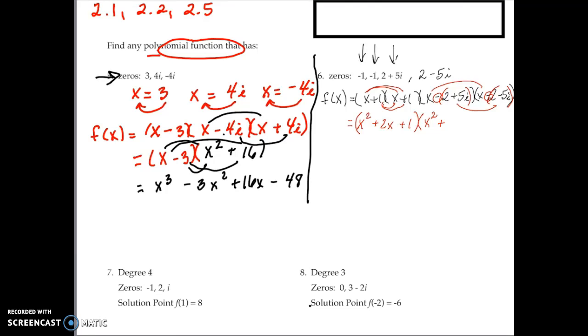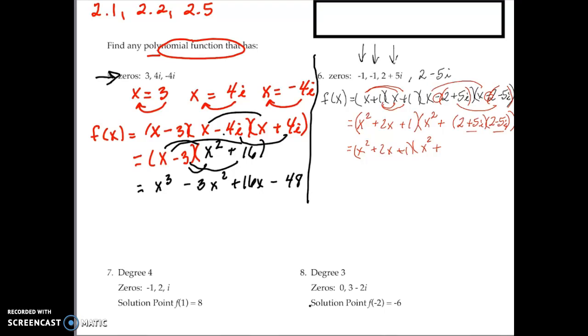And now I need to multiply 2 plus 5i times 2 minus 5i. So I'm going to write that down again, just so I don't lose you in any confusion here. All right, so we have x squared plus 2x plus 1, and then x squared plus, well, now we have a pair of conjugates again.